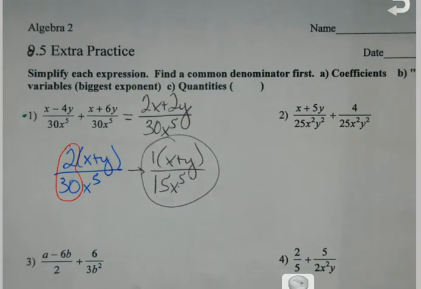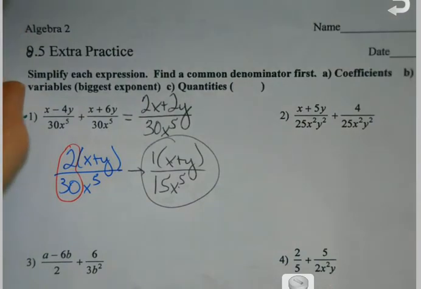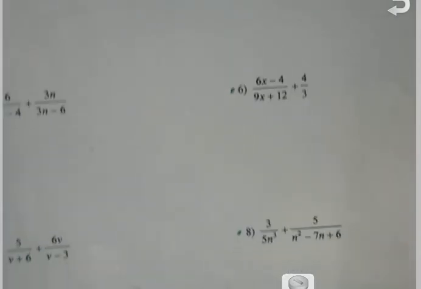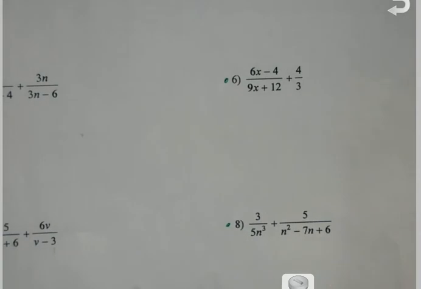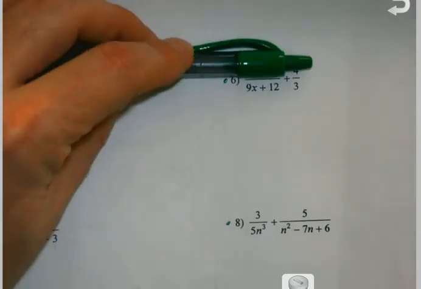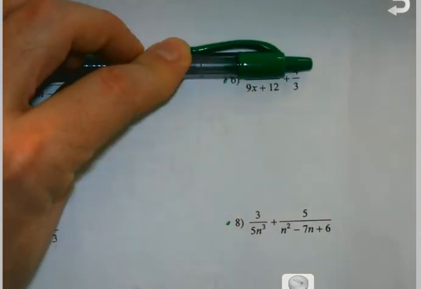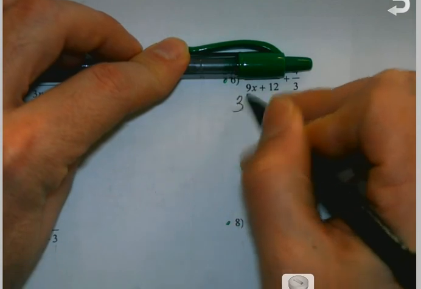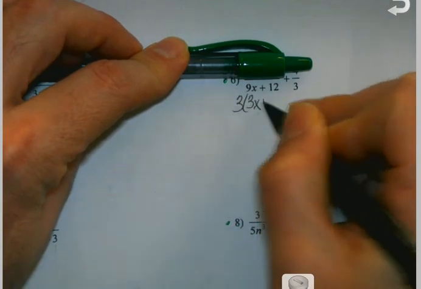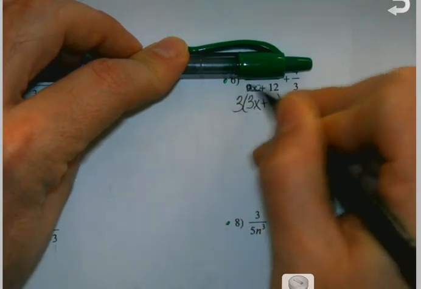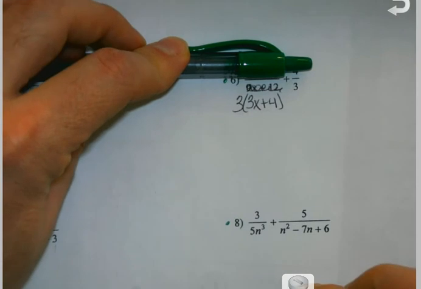That's the type of thought process that I've got to work through as I'm doing these. Okay? And again, I want to make sure you've got a good example on here of each of the different types. So we're going to move down to number 6. Again, cover up. Factorable denominator, yes. I can get a 3 out of both of those. Let me get that out of there.